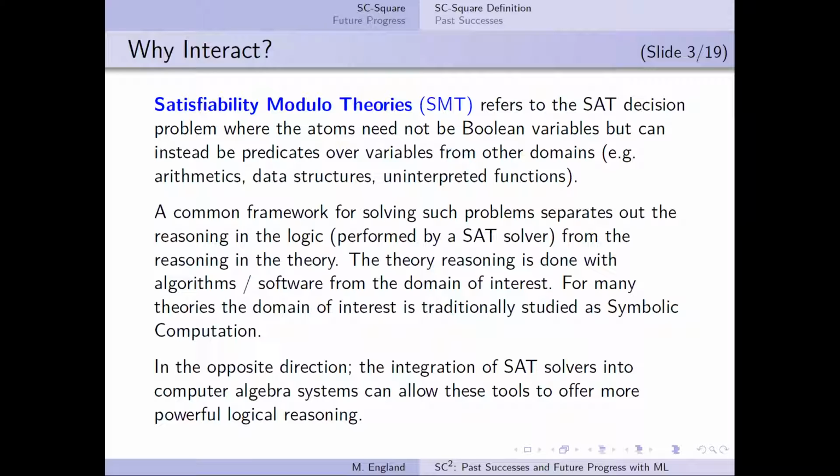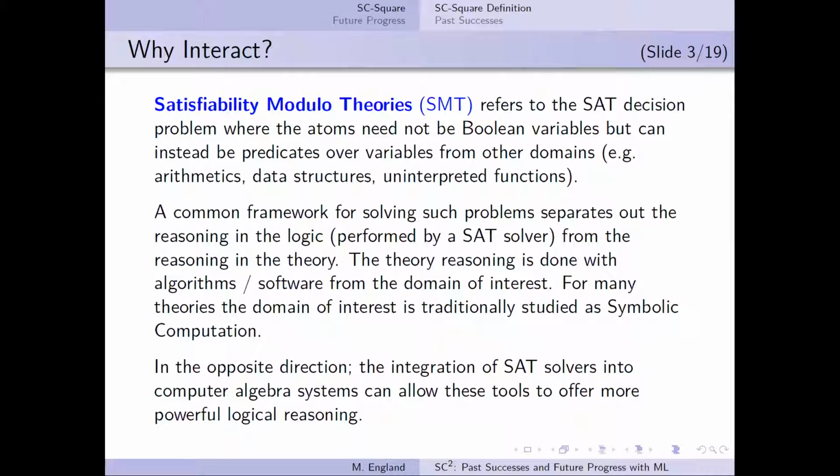A common framework for dealing with these problems is to separate out the reasoning in the logic from the reasoning in the theory, and to use the SAT solver algorithms and implementations to search through the logic space, and then use some kind of specialist algorithm or software from the domain of interest to deal with the reasoning in the theory.